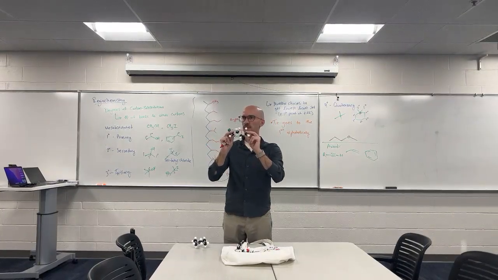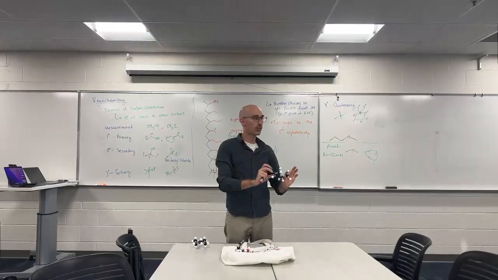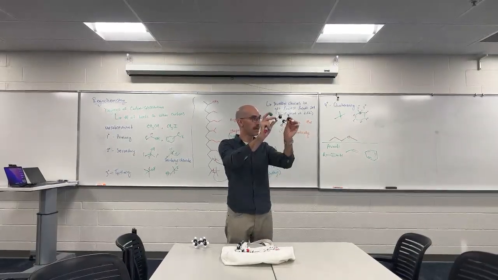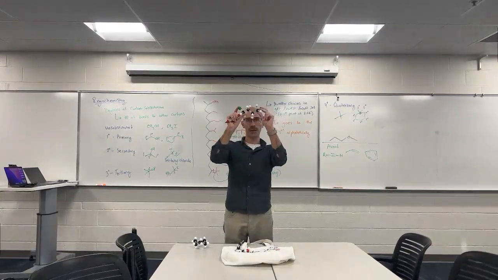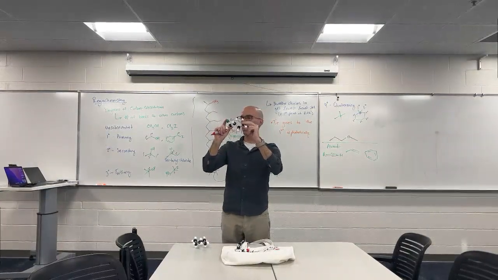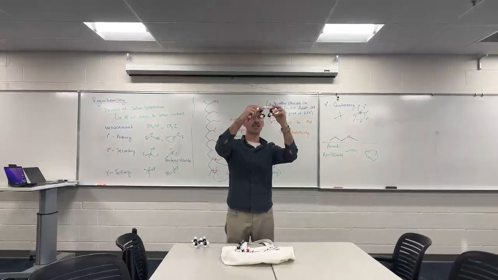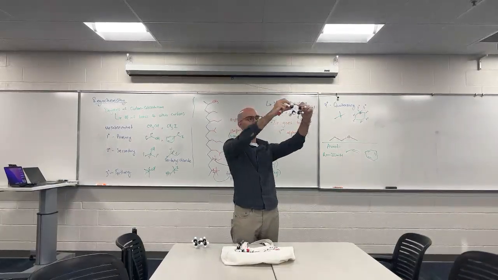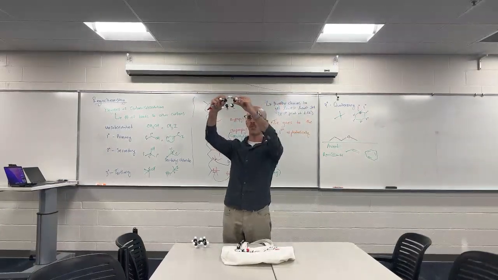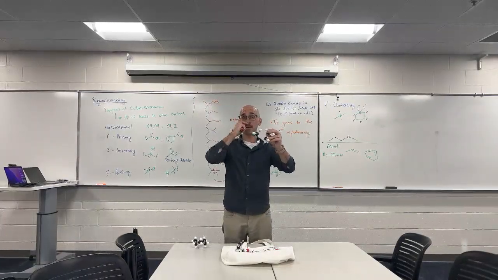So we're limited to drawing three-dimensional things on a two-dimensional plane. So we need to communicate things about this three-dimensional shape in a two-dimensional plane. And then we want to communicate how it changes shape in three-dimensional space and what impact that has on its energy.